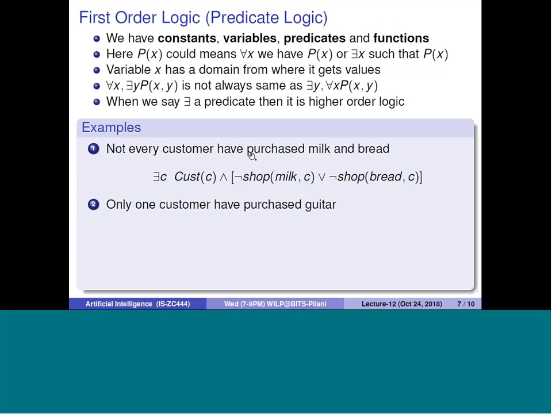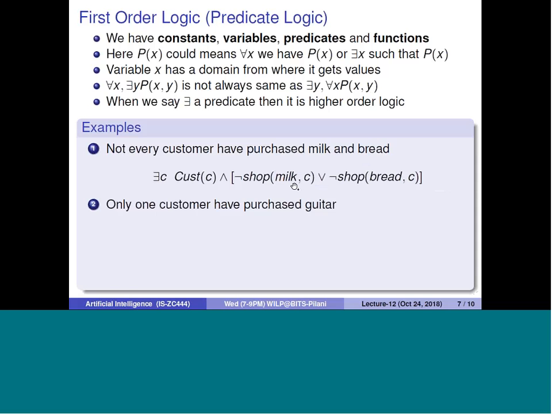So there would be some customer, you say there exists a customer C, who is a customer, and either he has not shopped milk, or not shopped bread. It is just a reverse order, a semantic difference only.